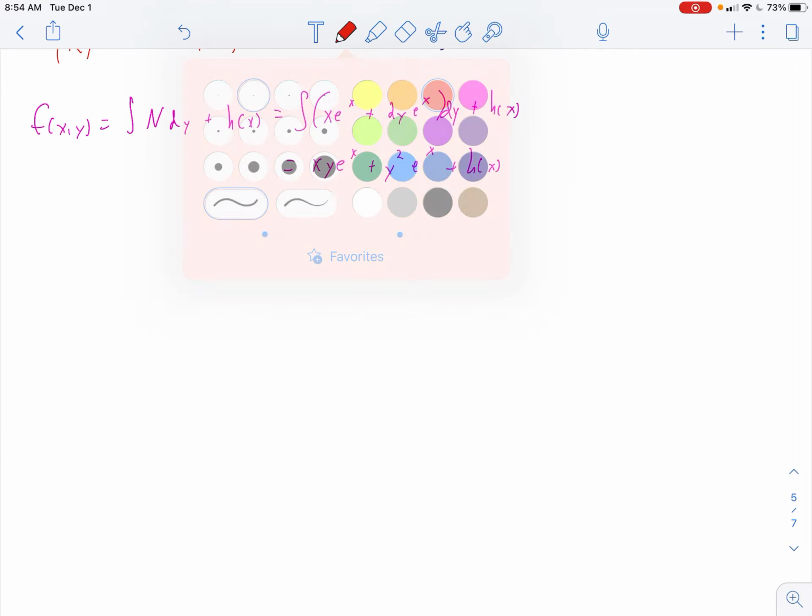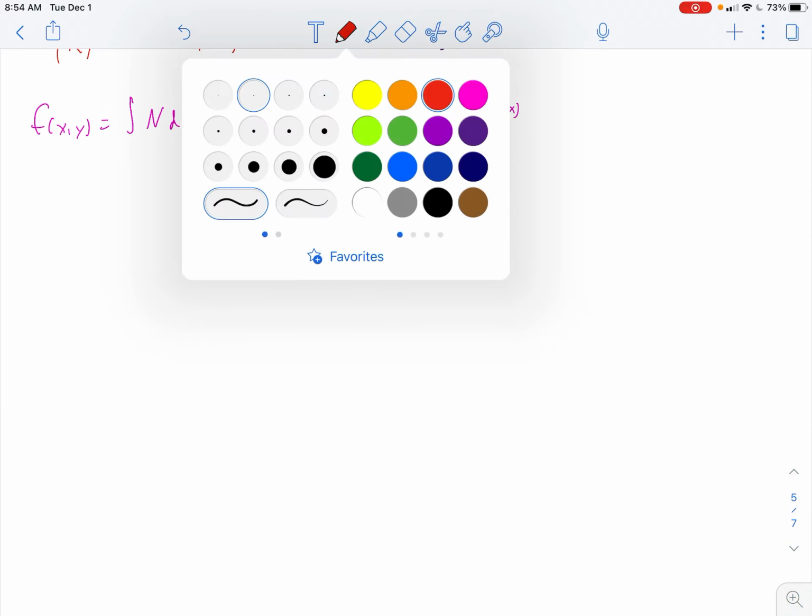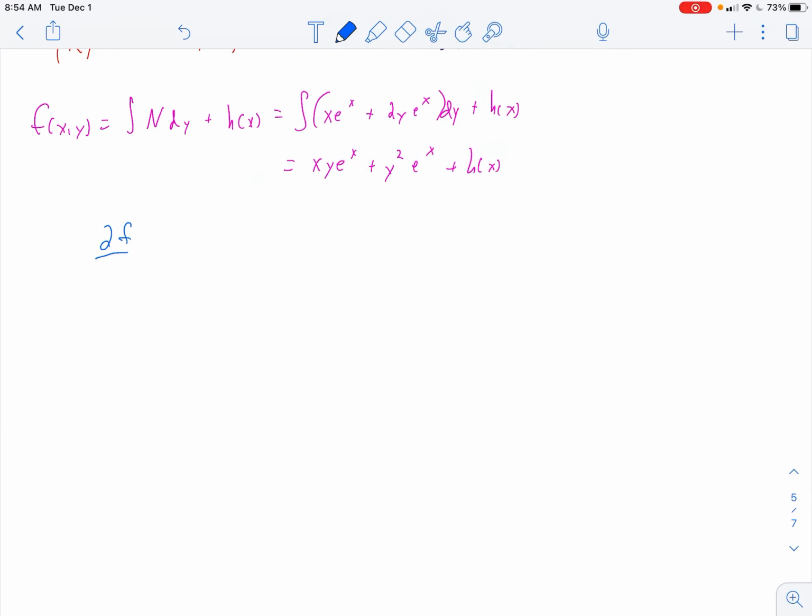Now let's take the partial derivative of f with respect to x. When we do that, we have a product rule. The derivative of x gives y e^x, plus x y e^x, plus the derivative of e^x is just e^x, so y² e^x, plus h prime of x.